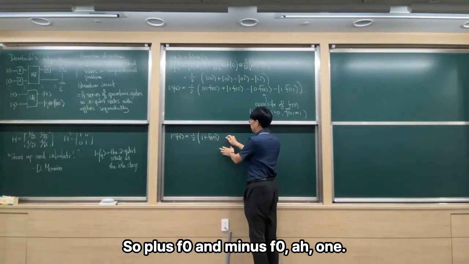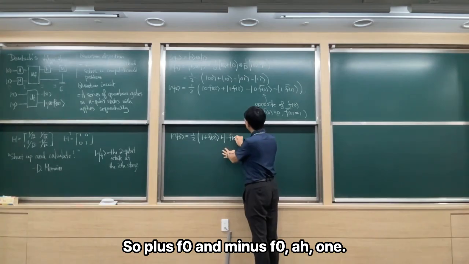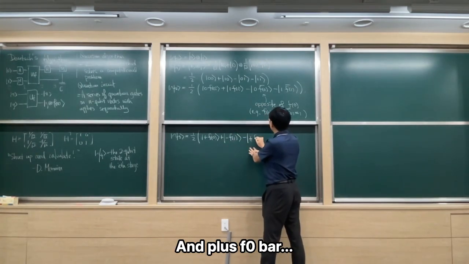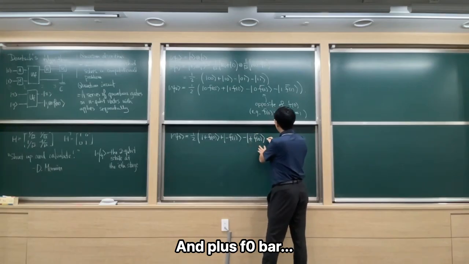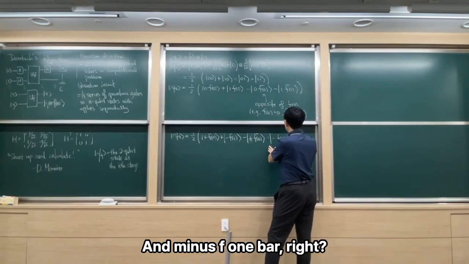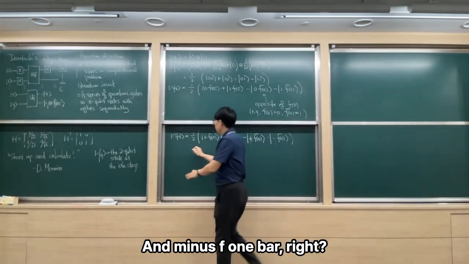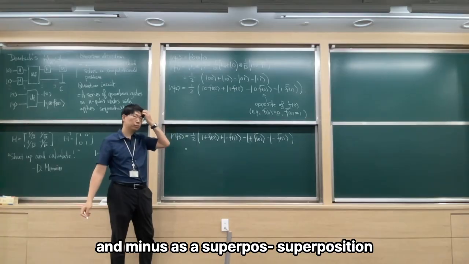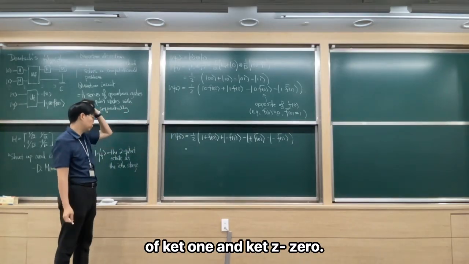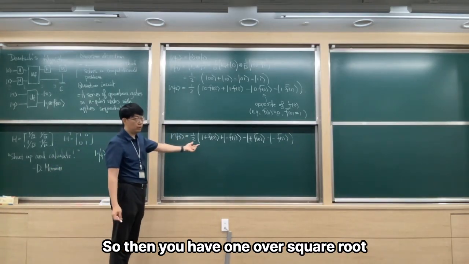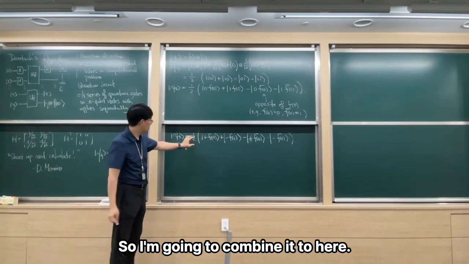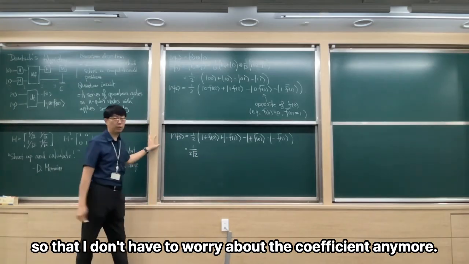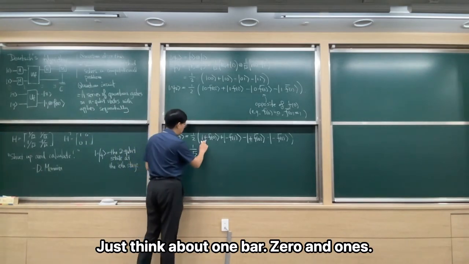So plus F0 and minus F1 and plus F0 bar and minus F1 bar, right? Then let's write the plus and minus as a superposition of ket 1 and ket 0. Then you have a 1/√2 coefficient everywhere. I'm going to combine it to here, so it's 1/2, so that I don't have to worry about the coefficient anymore. Just think about 0s and 1s.